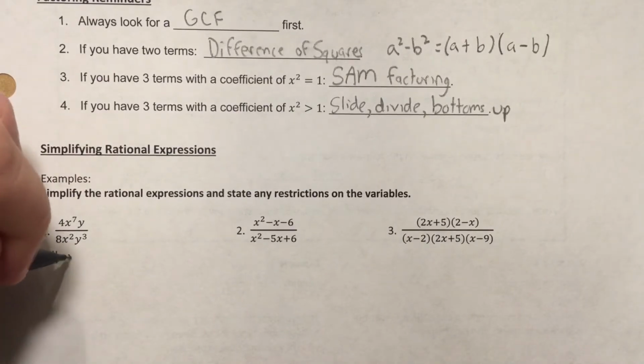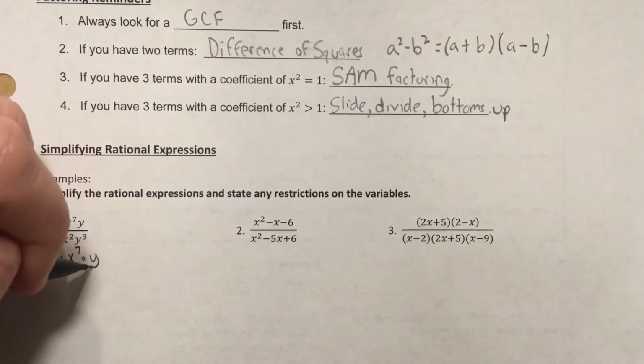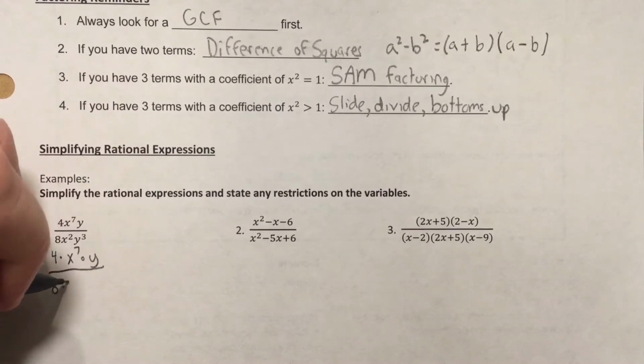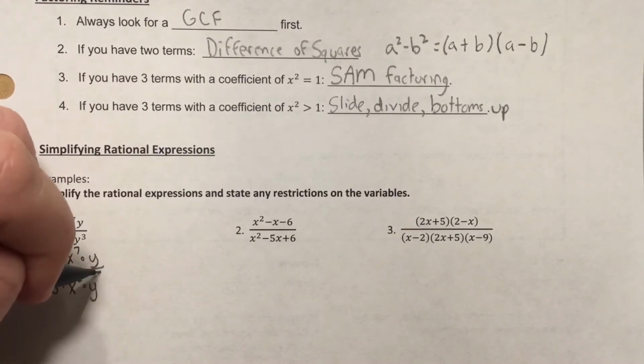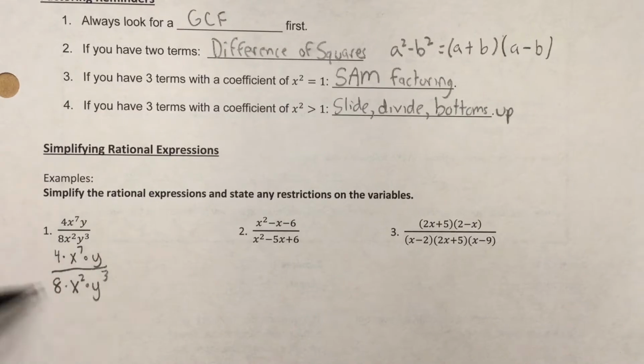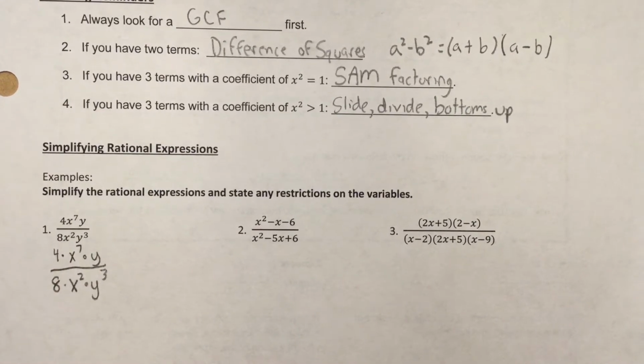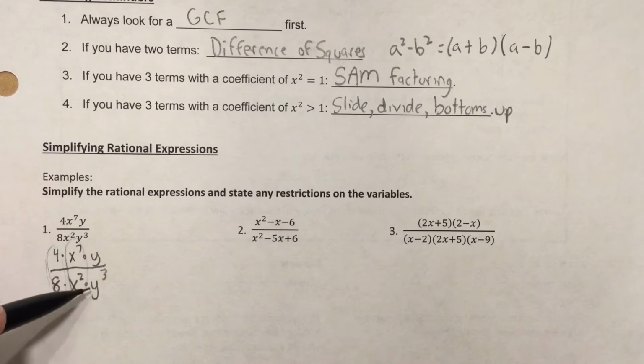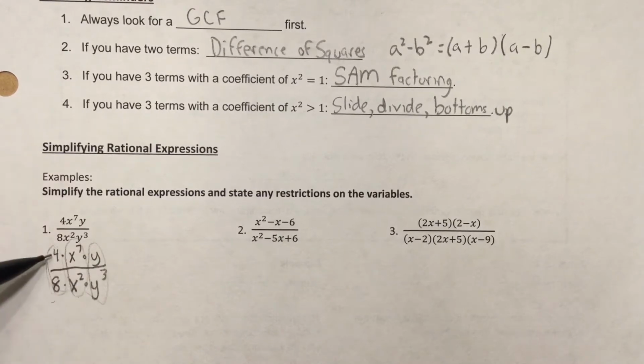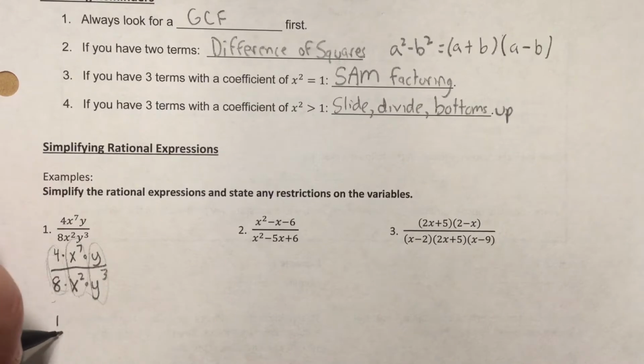So I have 4 times x to the 7th times y over 8 times x squared times y cubed. What that means is that this is already factored, so I can cancel or simplify any like factors. I really have 3 factors that I'm looking to simplify: the numbers, the x's, and then the y's. So 4 over 8, that's a regular fraction. I can reduce that to 1/2.